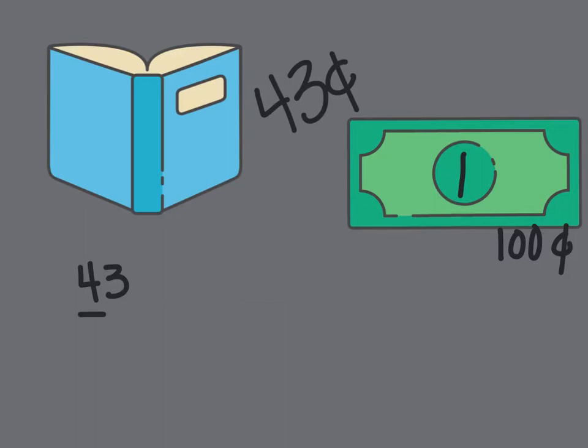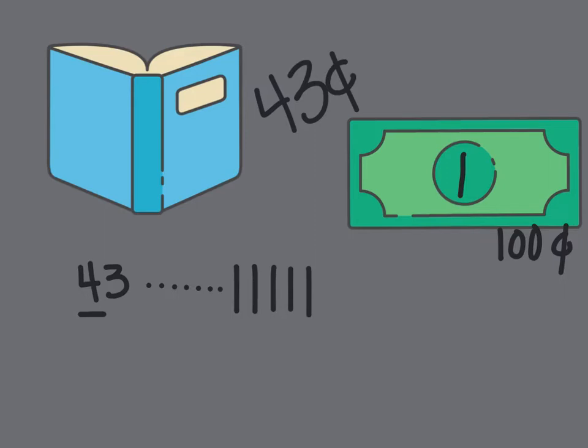If I'm at 40, the next 10 will be 50 because 10, 20, 30, 40, 50 is how I count by tens. So 43, 44, 45, 46, 47, 48, 49, 50, 60, 70, 80, 90, 100.